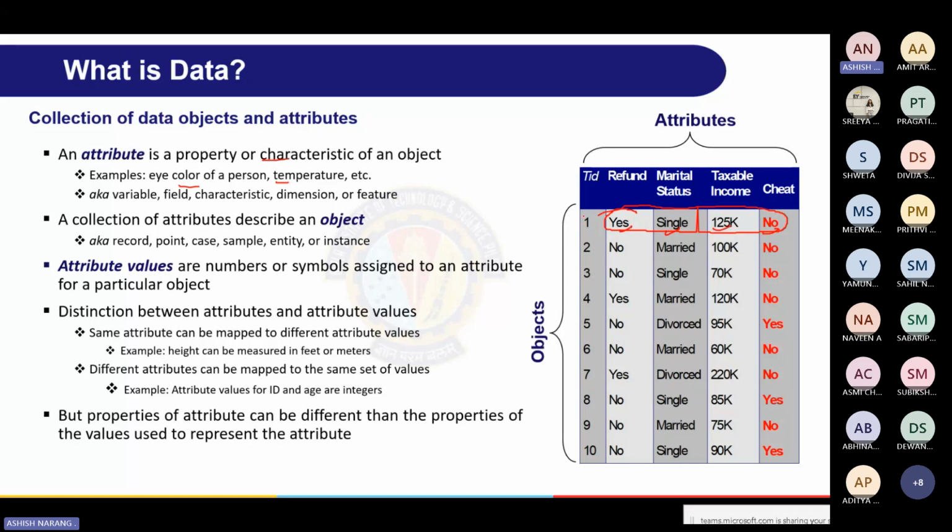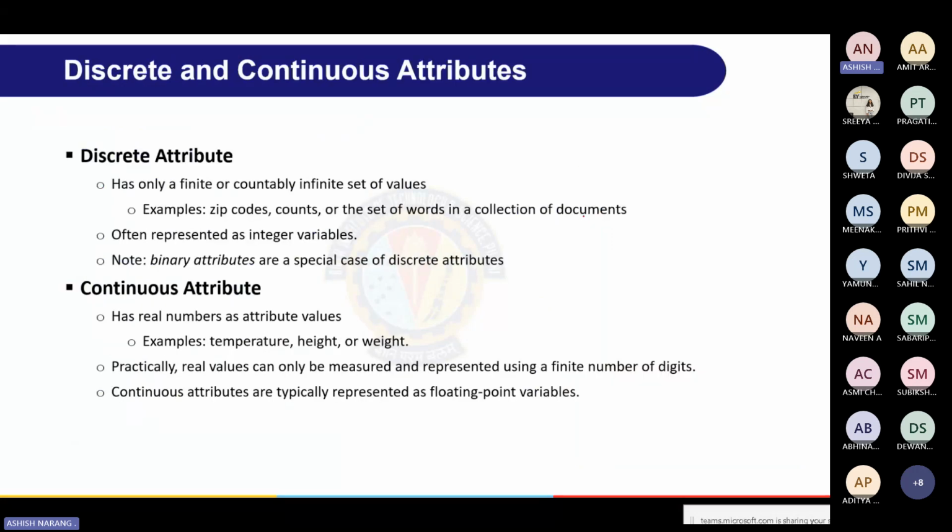When you look at taxable income, continuous, correct? When you look at the cheat attribute, is it discrete or continuous? Discrete again, good. So there are discrete attributes, there are continuous attributes, right?